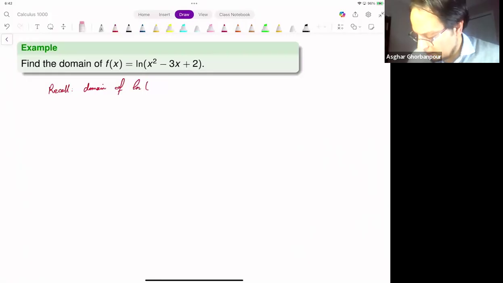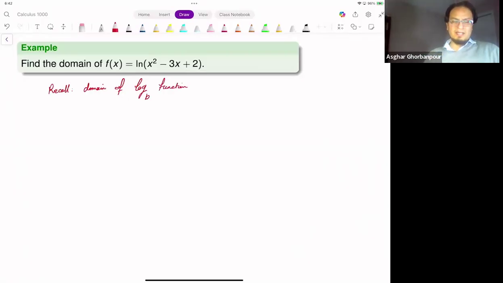The log function is similar to square root, with one difference: it includes only positive numbers, not 0. 0 is not included. In square root, 0 is included, but not in this one.